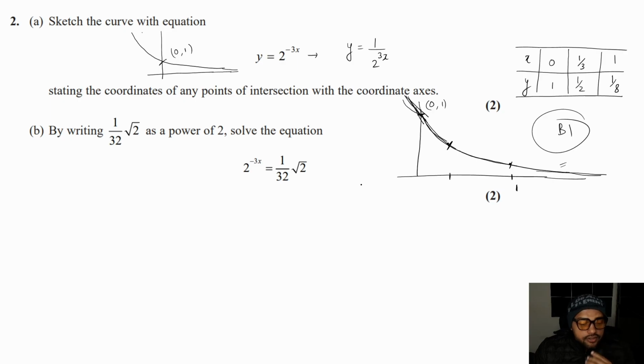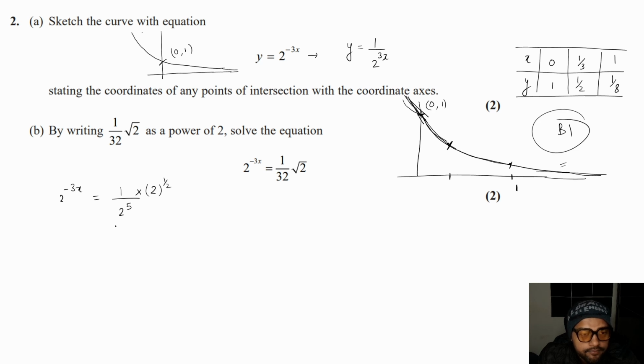Now the second part states that, students, we need to solve a particular equation, exponents and powers. So it's a basic question, but I'll solve it. We can write 32 as 2 raised to the power 5, and root 2 as 2 raised to the power 1 by 2.